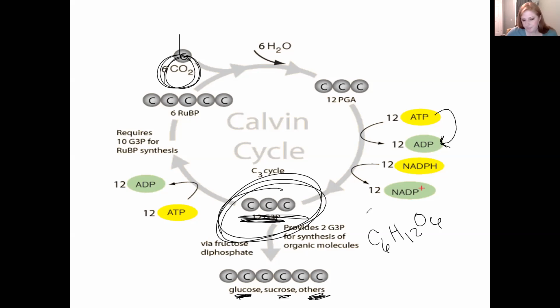But here's the thing. Plants are not only creating this product, this glucose and such, they also have to create the materials needed, the RuBP, for the Calvin cycle to keep happening. So for animals, things that are consumers, we get to take our energy from what we've eaten.